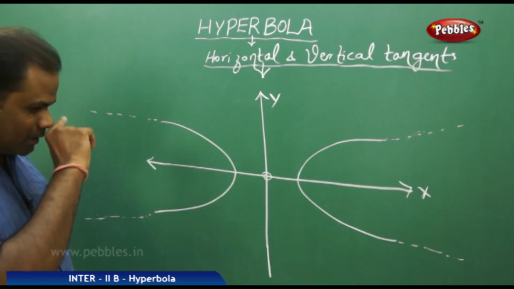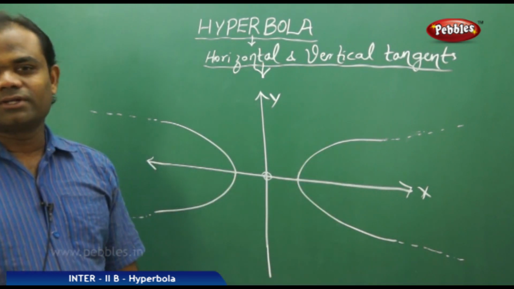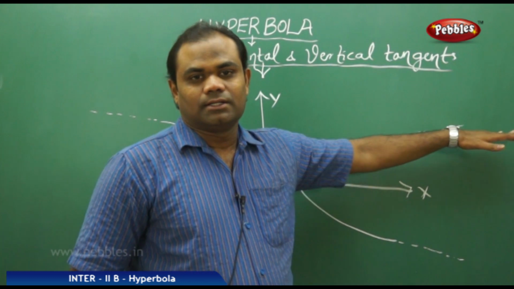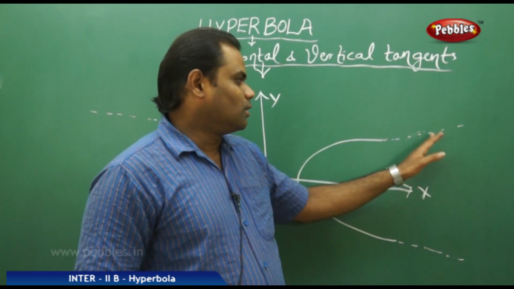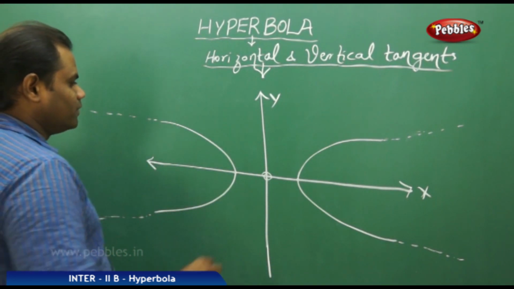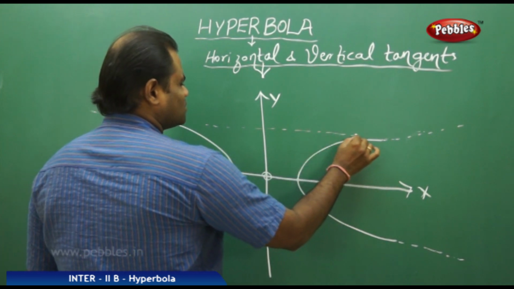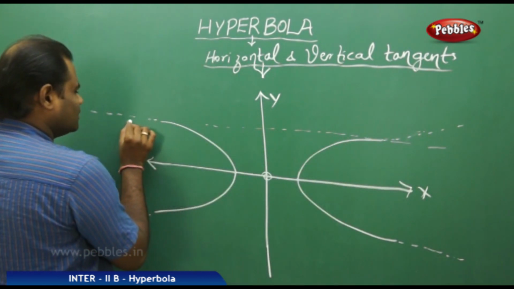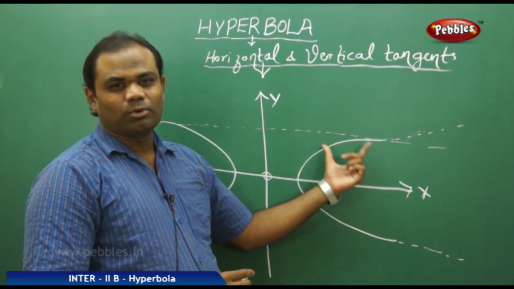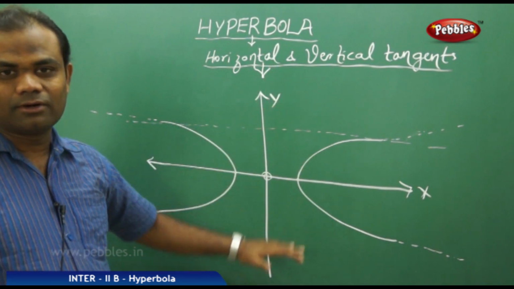So clearly we can see that any line I draw, I don't have a horizontal tangent, because at some point this line has to cut the hyperbola, because the hyperbola extends itself on the right side and on the left side. So a tangent parallel to the x-axis is not possible, either on the upside or downside.